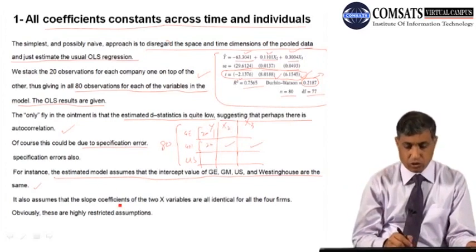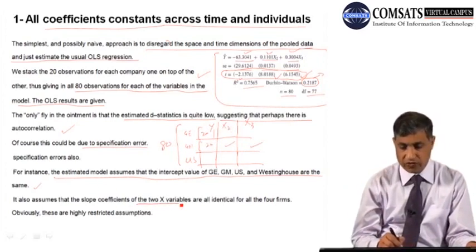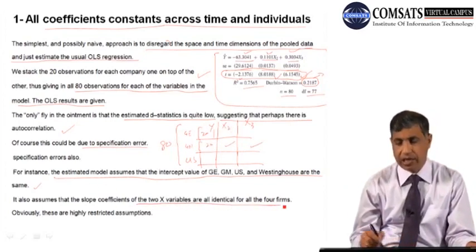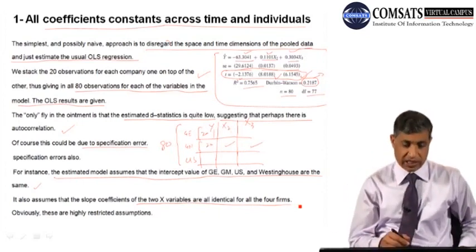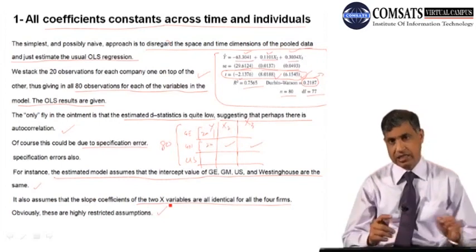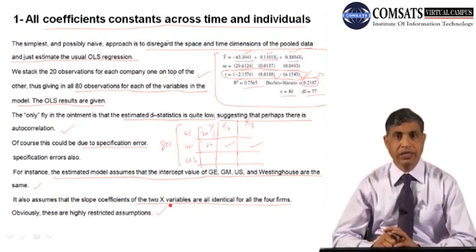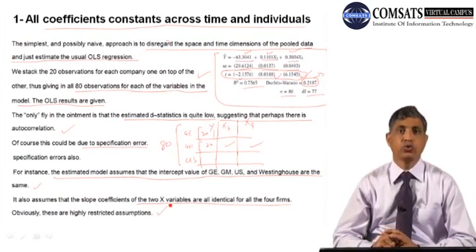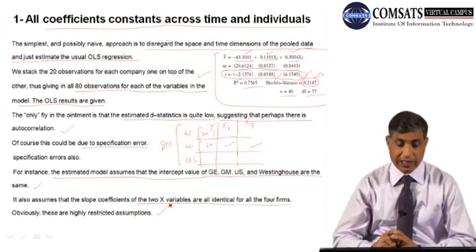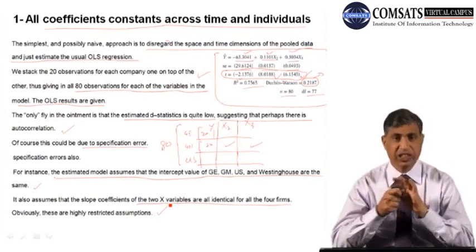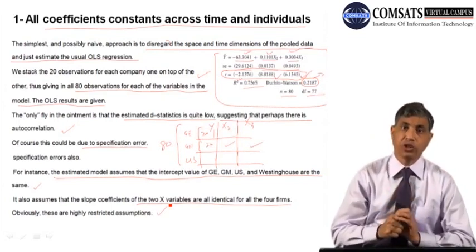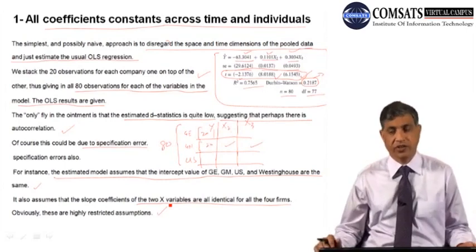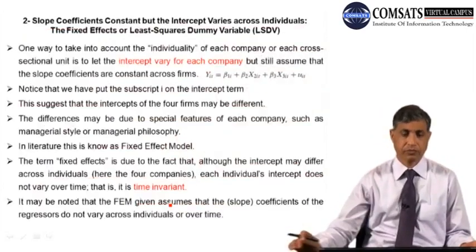It also assumes that the slope coefficients of the two x variables are identical for all the firms. So obviously these are highly restricted assumptions. OLS तो चला लिया आपने, you ran the OLS regression, but these assumptions are very difficult for me as well as you to digest, because these are very critical assumptions.